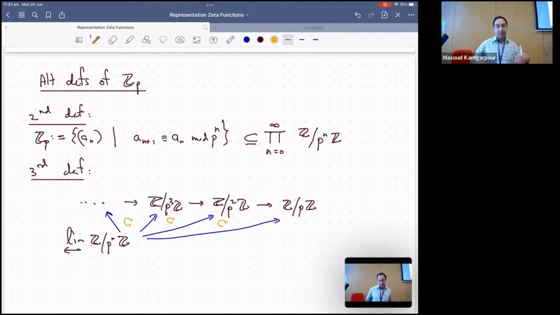And it's the closest one to the diagram. So for every other element, if I have some y that maps to all of them, it must factor through the inverse limit. So that's a third way to think about the p-adic numbers.